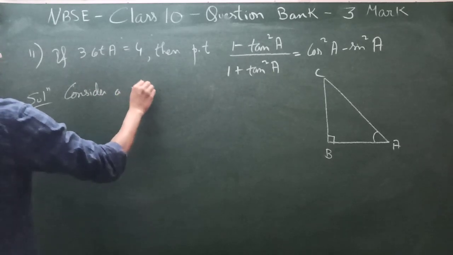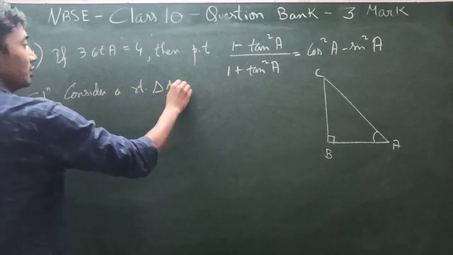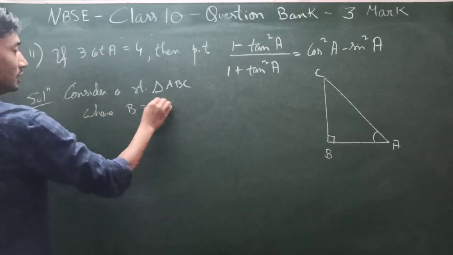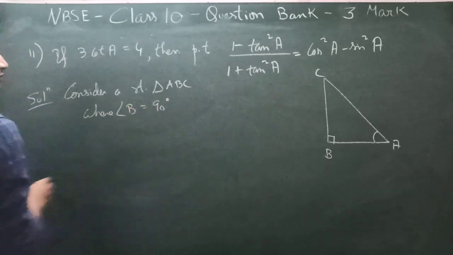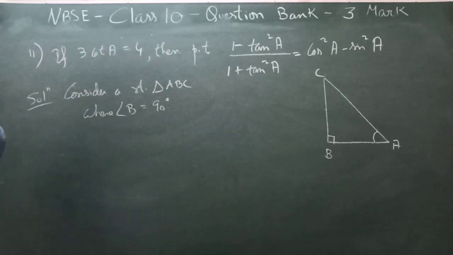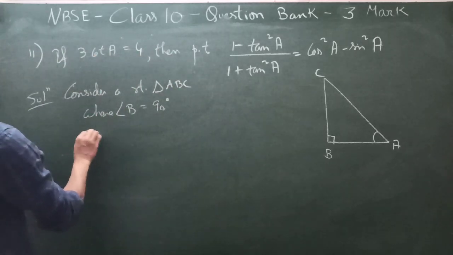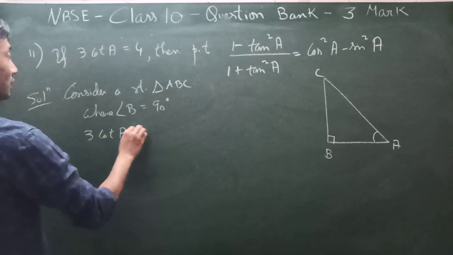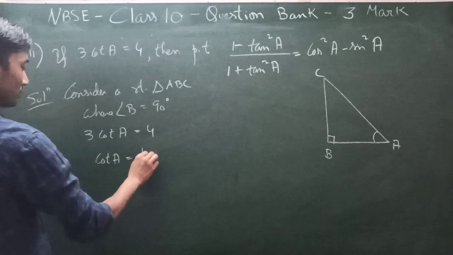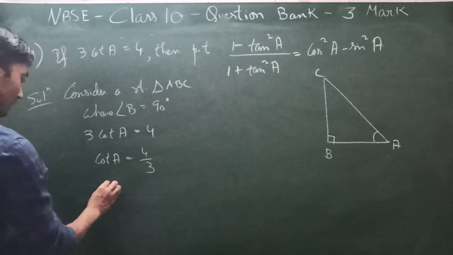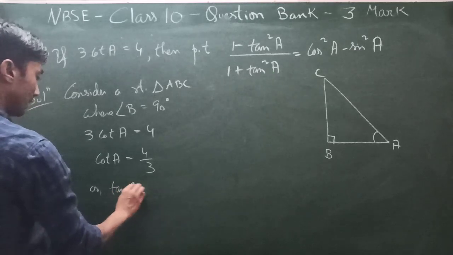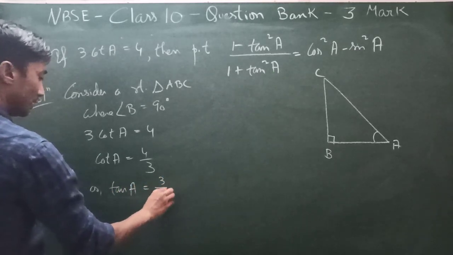Consider a right triangle ABC where B is 90 degrees. Alright, and A is our referred angle. 3 cot A is equal to 4. So that means cot A will be equal to 4 by 3. Or in other words, tan A will be equal to 3 by 4.